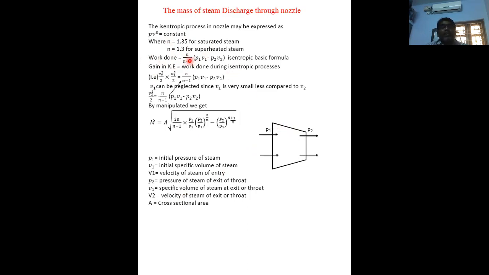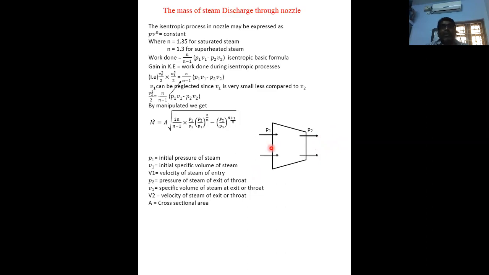Work done equals n by (n minus 1) times (P1 V1 minus P2 V2), the basic isentropic formula. High pressure steam entering the nozzle gives kinetic energy, which is converted in the turbine to mechanical energy, and that mechanical energy is converted to electrical energy.